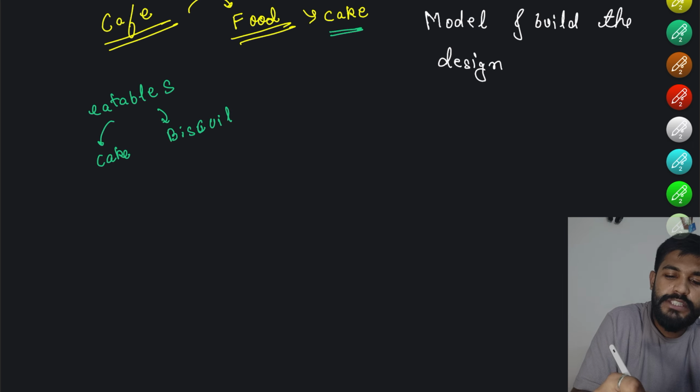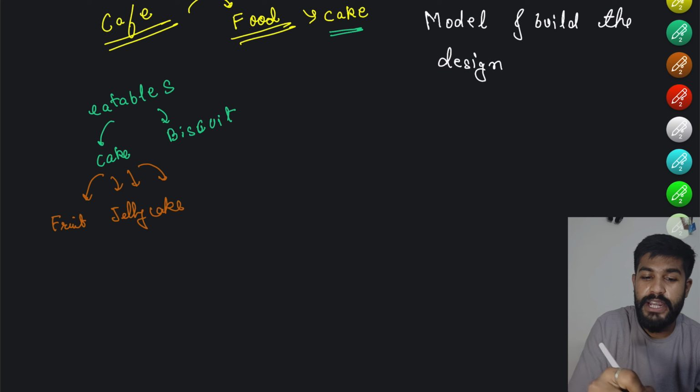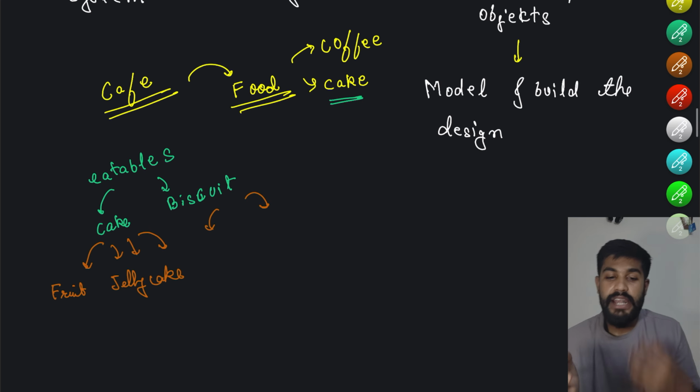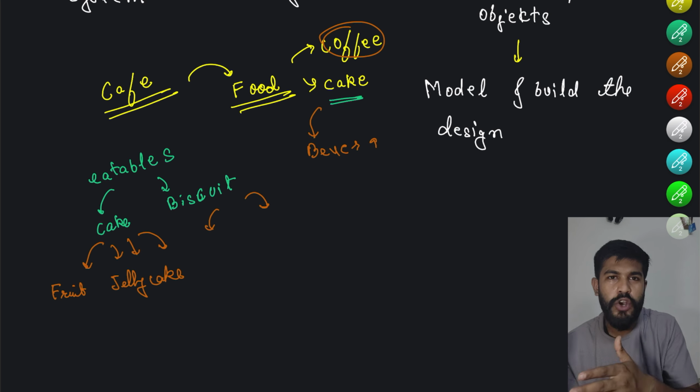If you observe, this is very extensible. Tomorrow, let's say there are different types of cakes, a fruit cake, a jelly cake, so this becomes extensible. Let's say tomorrow there are a lot of biscuits, and coffee is taken down into beverage, then alcoholic beverage, non-alcoholic beverage.